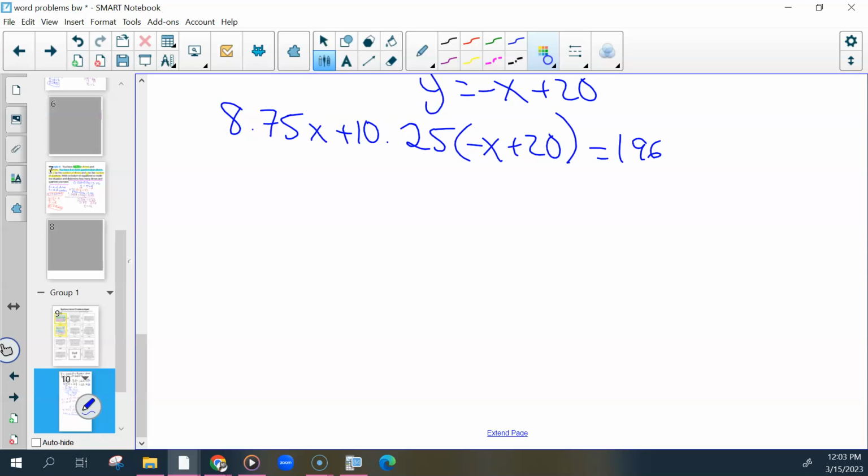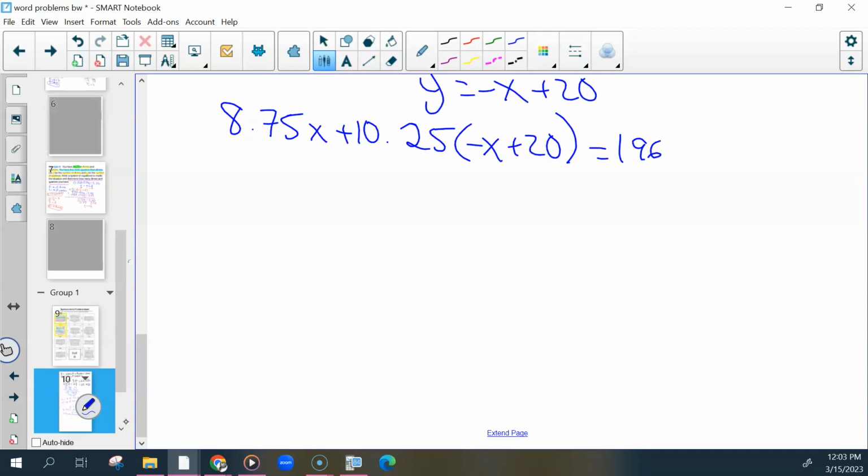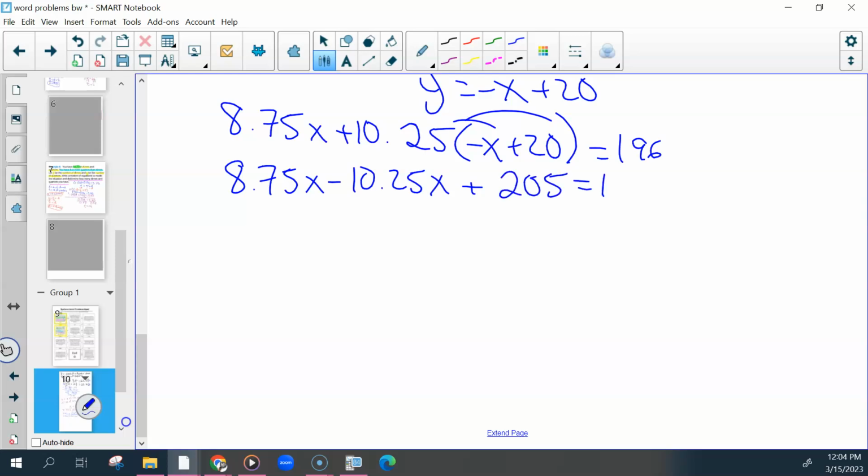All the y's now have disappeared. And just make sure we're on the right track. And y we said was on the top, so good. So now we can solve. What is 10.25 times 20? And we can solve for x. So if we subtract these two, what do we get?